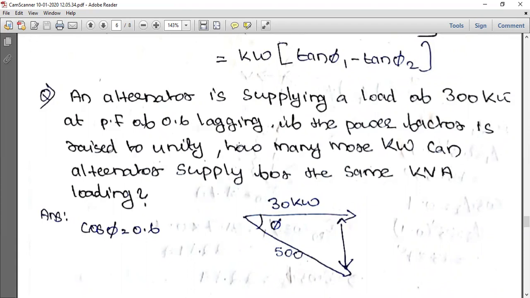If the power factor is raised to unity, so power factor is brought from cos phi equal to 0.6 to 1, how many more kilowatt can the alternator supply for the same kVA loading? So when the power factor becomes close to unity, we don't need to waste capacity on the reactive element. That can also be used as useful power, kW.